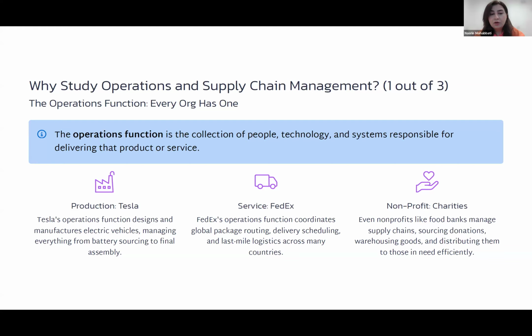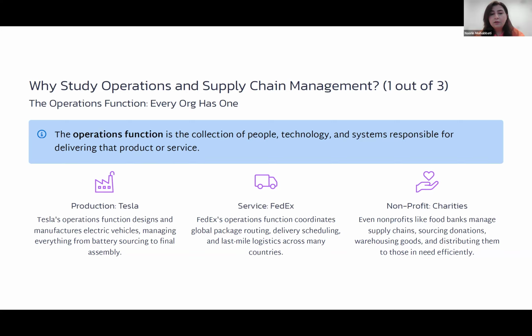Tesla manufactures cars. They do have different kinds of operations, right? And they go through the entire production and deliver the final product to the customers. As I mentioned before, not only physical products, but also services have supply chain management, such as FedEx.